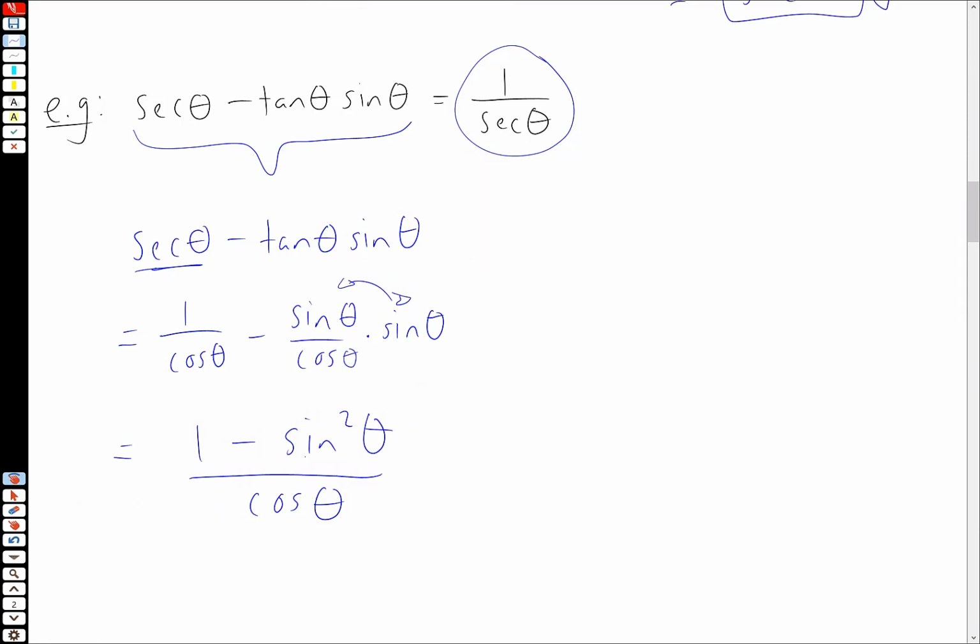So let's use the Pythagorean identity here. Okay, we know that 1 is equal to sine squared theta plus cosine squared theta, right? So let's substitute this for 1.